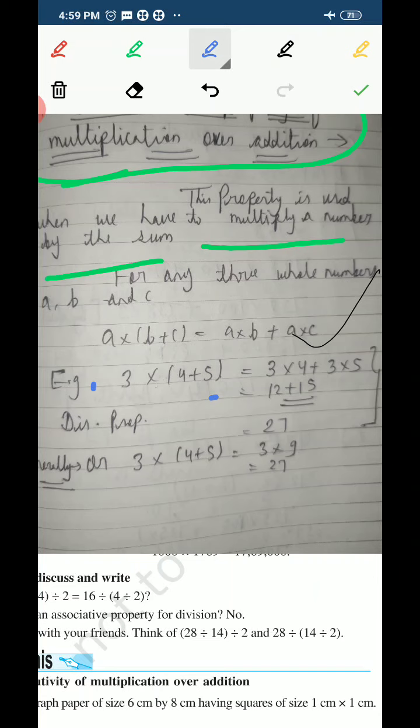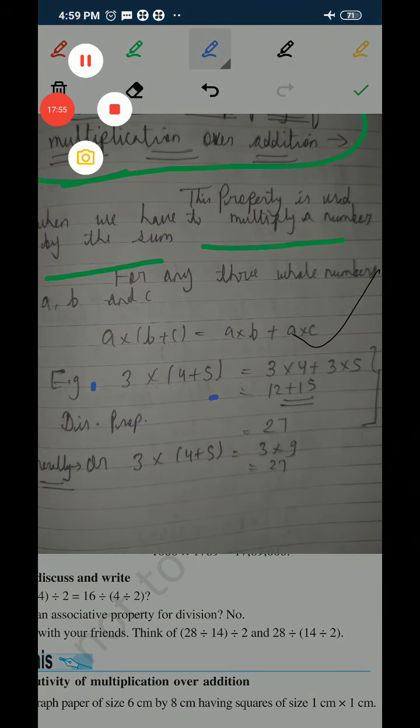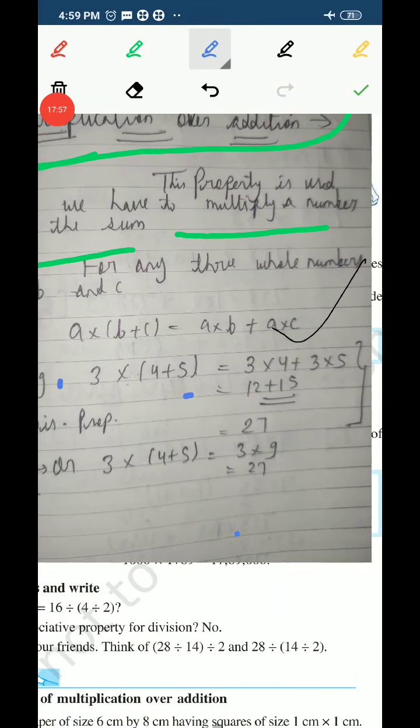If you are asked to apply distributive property on this, what will you do? First of all, you will multiply 3 and 4. Then there will be the plus sign, and then you will multiply 3 with 5, and the answer will be the same.